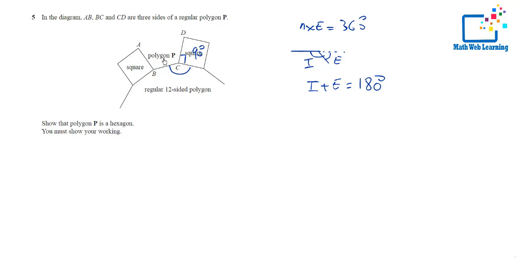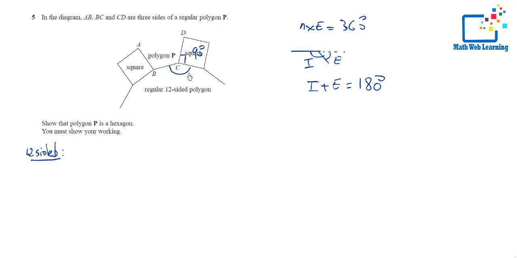Angles at a point add up to 360. Sorry, I apologize, first I need to calculate the angle C in the 12-sided polygon. So let's do that. In the 12-sided polygon, let's write it down here.